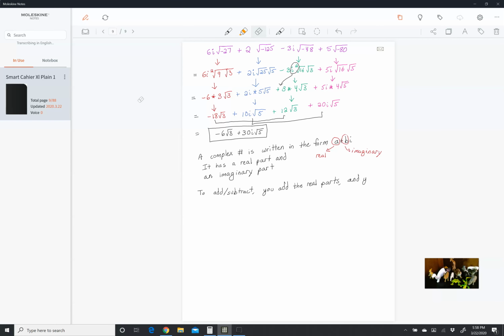And you add, and this should actually be add slash subtract, sorry about that, and you add slash subtract the imaginary parts. Essentially what we're doing is combining like terms.